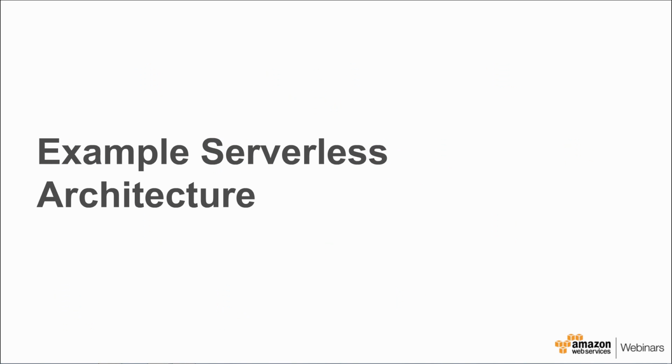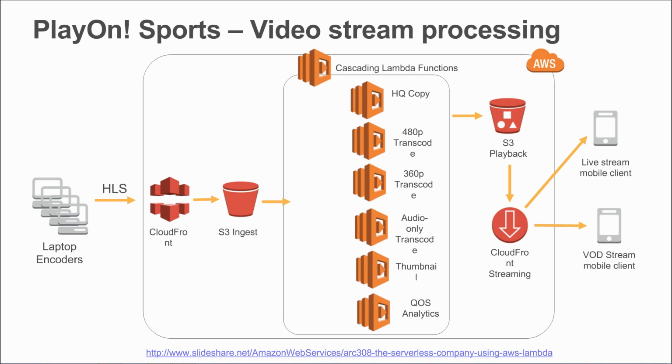So I've given an overview so far of what Lambda is and the different pieces of it, to help you understand it a little better. Let me give you an example of what one of our customers did and how they implemented a serverless architecture using AWS Lambda. So this customer, Play on Sports, who's based here in the Southeast, implemented this really cool architecture where they, as a business, give folks attending sporting events or other events in person the ability to take a laptop encoder and stream that event in real time to folks that aren't able to attend in person.